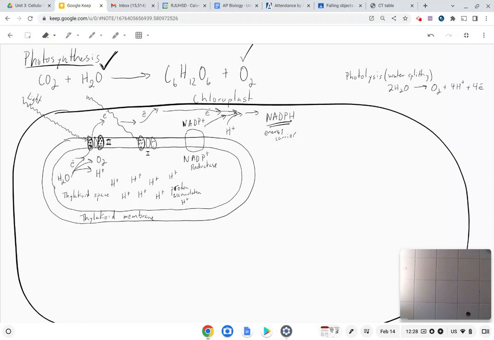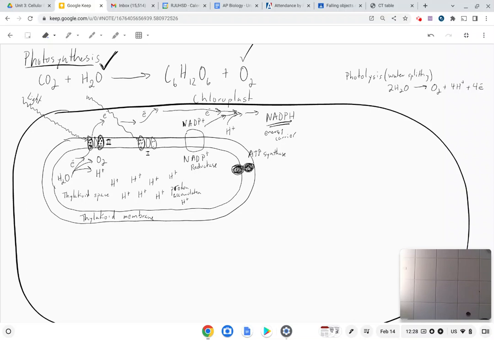Okay, now one of the other things that's occurring is we have, once again, a molecule we've seen before as well. It's called ATP synthase. So you guys, a lot of this is repetitive. A lot of the same stuff is happening here that was happening in cell respiration.